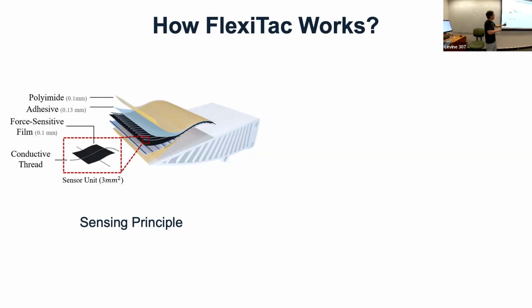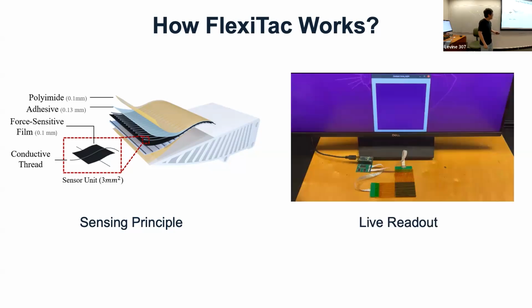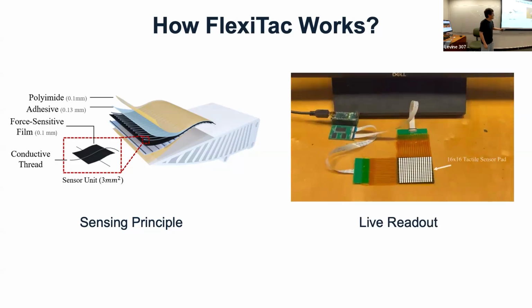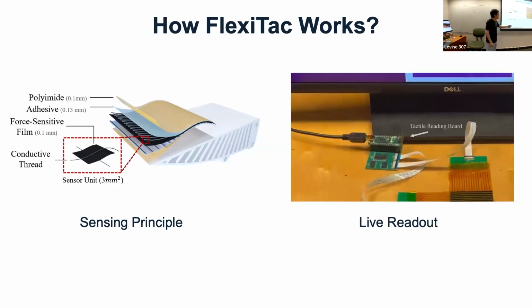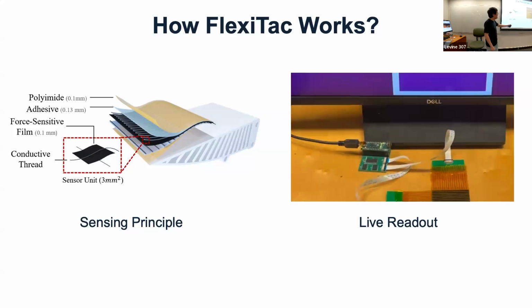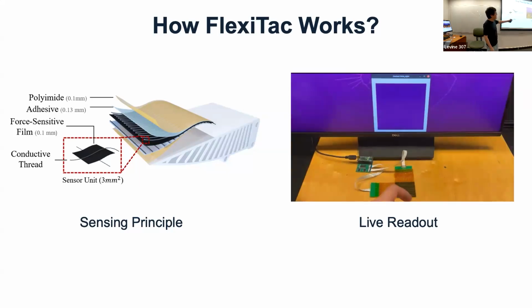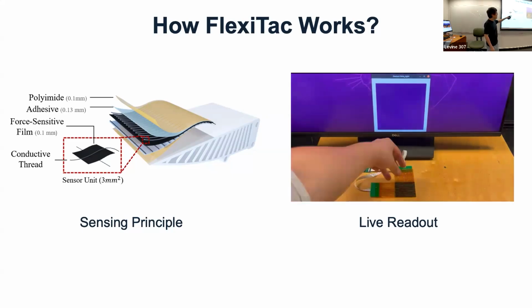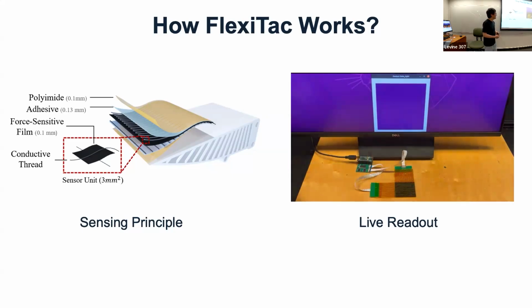Each intersection of the electrodes is a sensing unit. Here is the visualization of our tactile sensing. We designed a PCB board to read out the sensors, and you can see we visualize the signal on the screen in the background. It's very sensitive, and the film is very thin, no more than 1 millimeter.